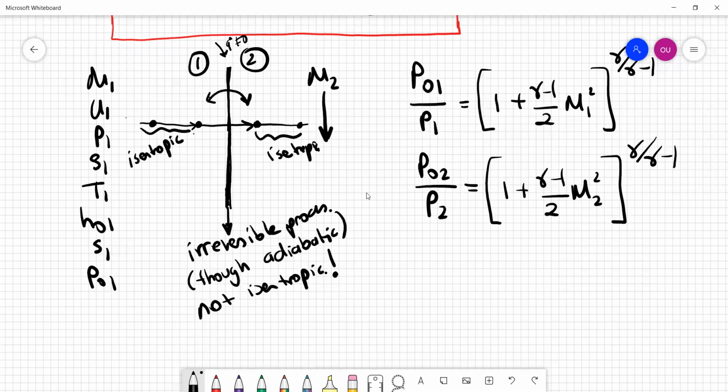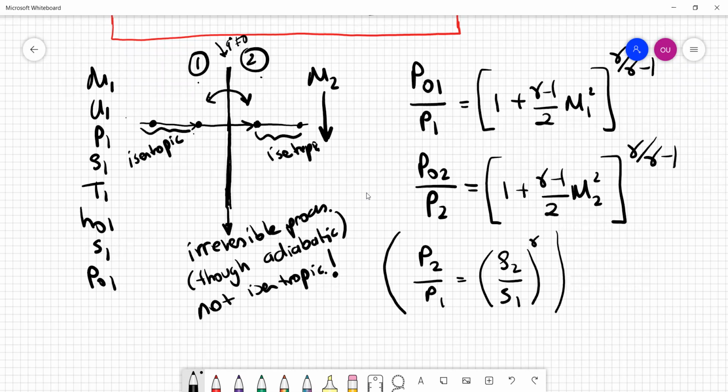So this is important. In terms of equations, what I'm trying to say is, for example, I cannot relate the static pressure after the shock wave to the static pressure before the shock wave through an isentropic relation. For example, I cannot do this: P2 over P1 is equal to, let's say, rho 2 over rho 1 to the power gamma.